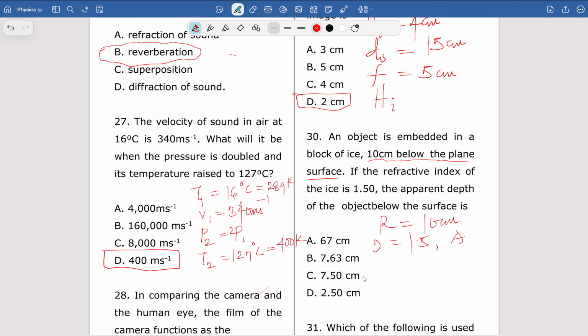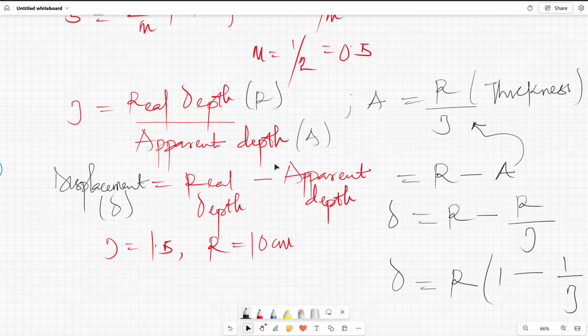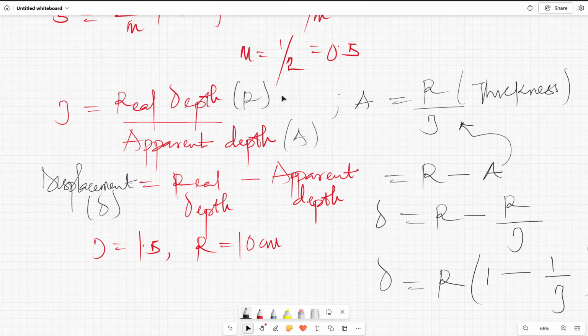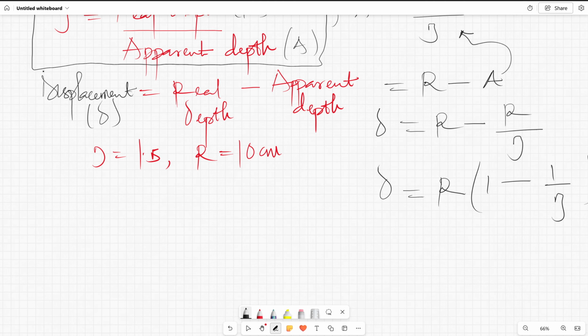Okay. So now back to that question quickly. It happens to be that the parameters we are given are very straightforward. So you are simply working with this particular formula here. Refractive index is equal to R over A. I'm looking for A. A is equal to R over refractive index.